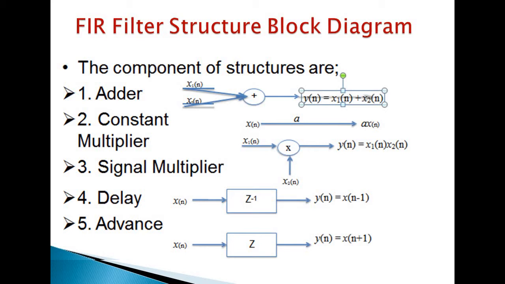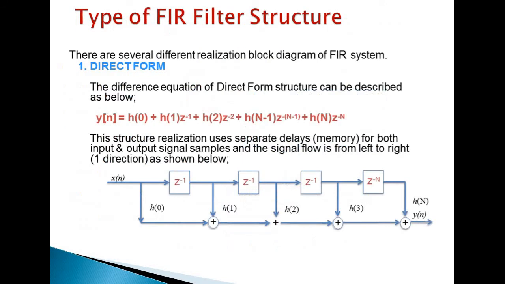Then the signal multiplier: two signals x1 of n and x2 of n get multiplied, and y of n is x1 of n into x2 of n. The delay is represented by z raised to minus 1, and the advance is z. The output of the delay is x of n minus 1, and the output of the advance is x of n plus 1. These are the components used in the structure of the FIR filter.